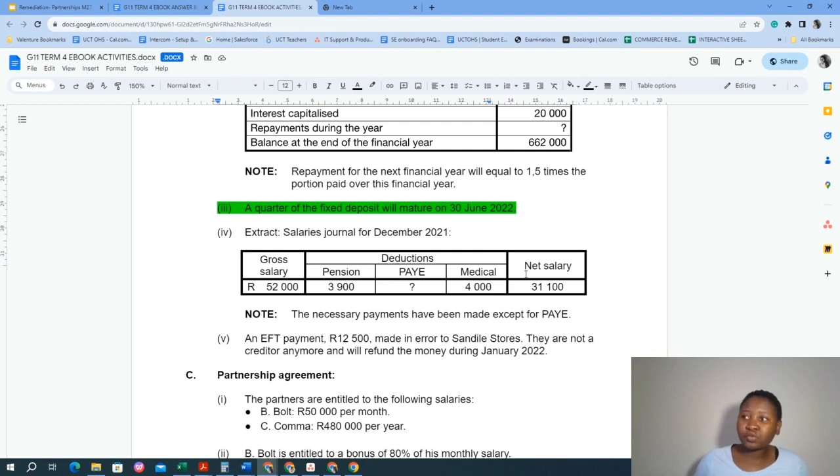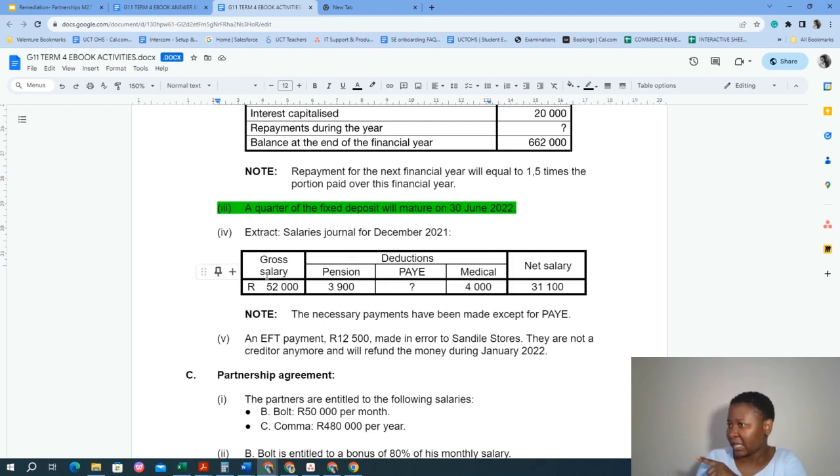So now we have to do what? We have to take it into account. You get it? And here they have not given us how much exactly the pay as you earn is. So this means what? It means that you would have to work your way around to figure out how much the pay as you earn is. Like, for example, if the net salary is 31,100 and the gross salary is 52,000, then I can simply do what?